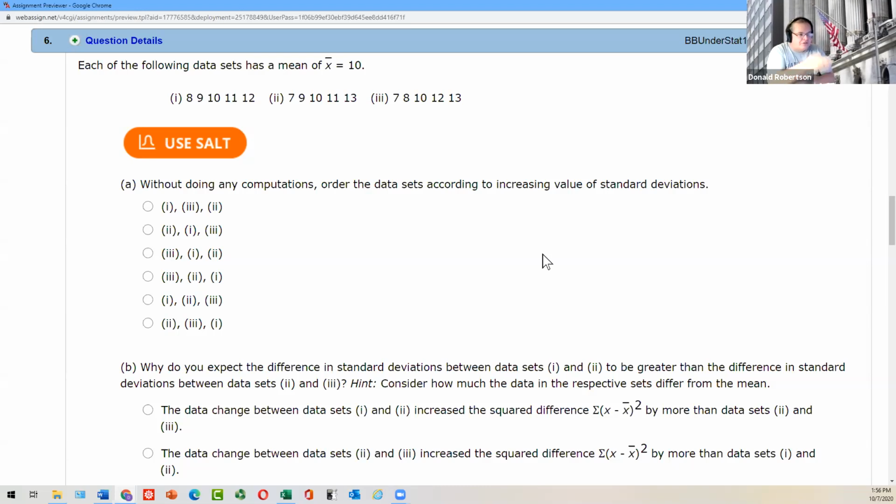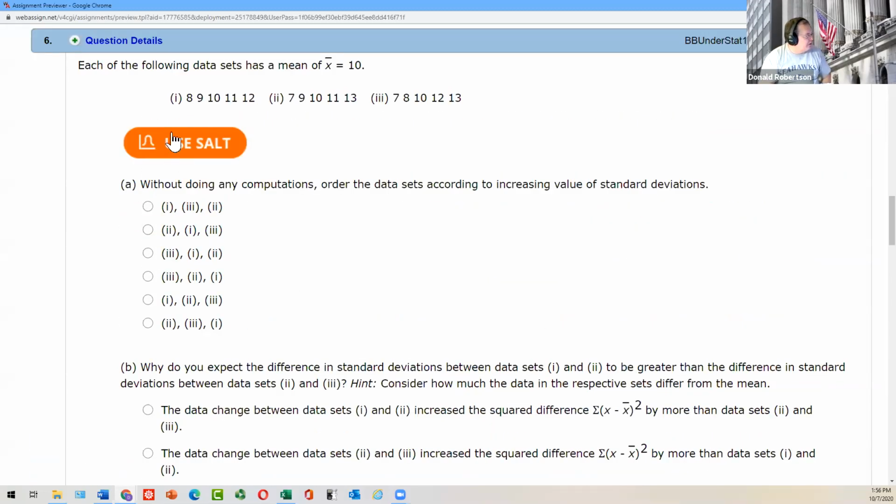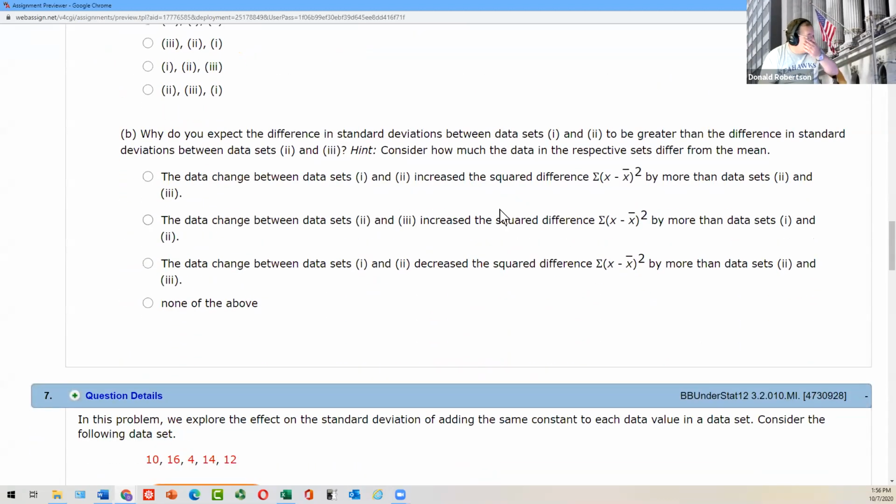And spread out means from the middle. So which one? 3. I agree. So the answer is 1, 3, 2. And you can use SALT if you like, but without doing any calculation, it seems a bit of a cheat if you're not doing it that way. And then you just try and pick one of them.